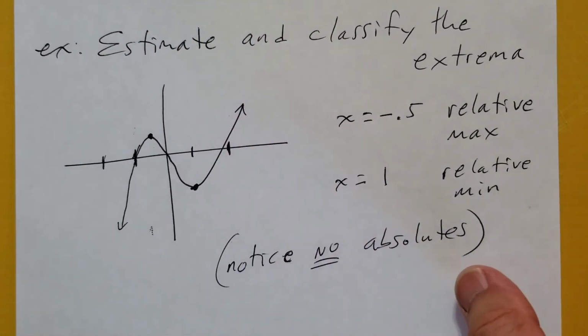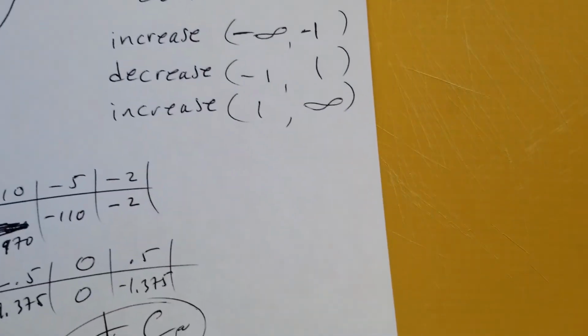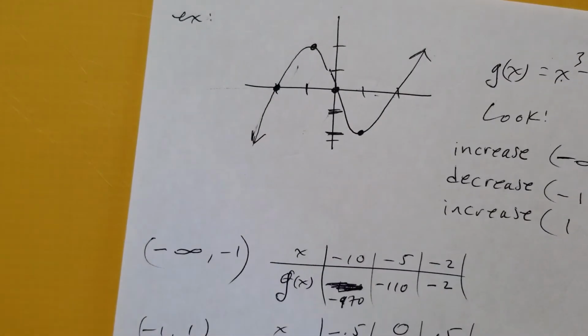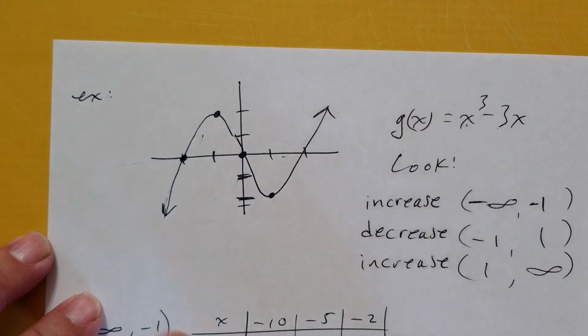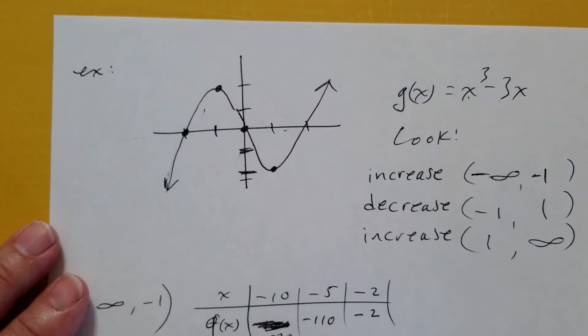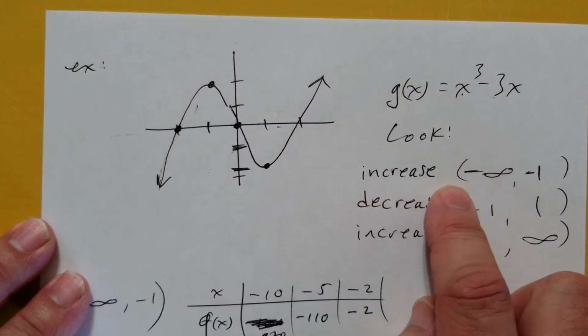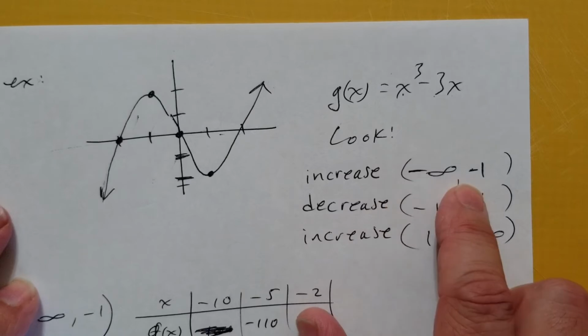another example going back to increasing and decreasing. Okay. Here's my graph. Here's the function for the graph. Now let's just look. Okay. Notice that it's increasing from -infinity to -1.